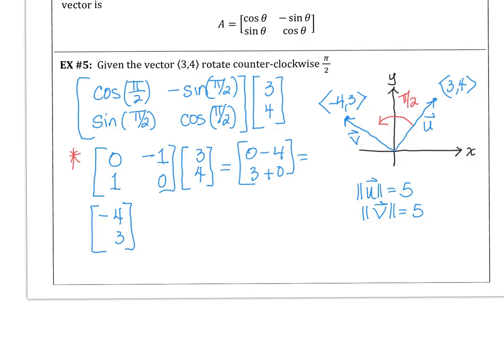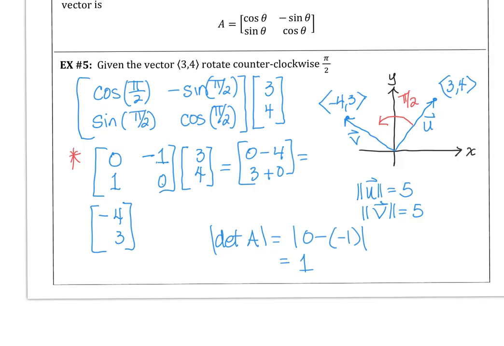And the determinant of A is going to be 0 minus -1. The determinant is 1. You might recall from geometry that we could also kind of mentally do this in our head if we swapped the x and y coordinates and then made the x value negative.